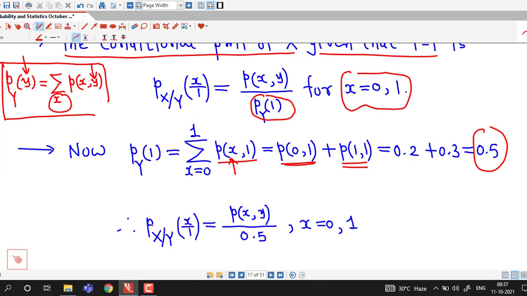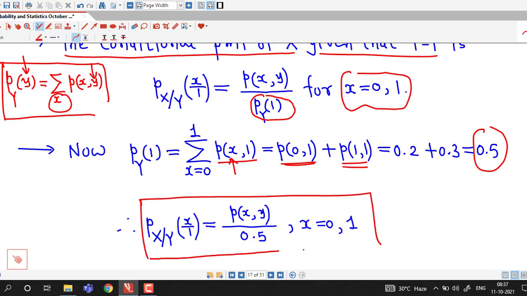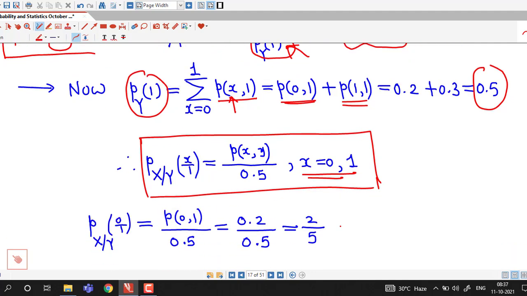If we put this value of p of 1 here, we obtain that p of x given 1 equal to p(x, y) over 0.5, for x equal to 0 and 1.